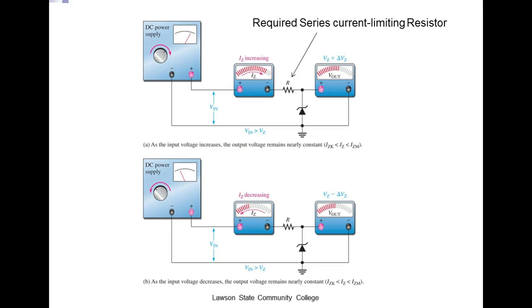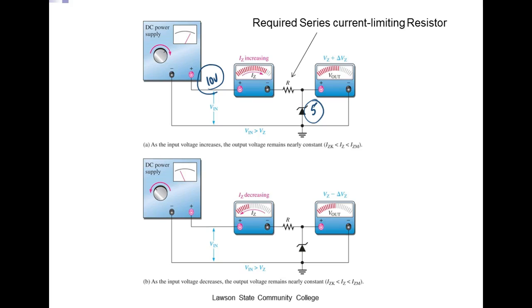Okay, so let's say this guy right here is dropping 5 volts, and over here I have 10 volts. So who's dropping the difference between this and this?